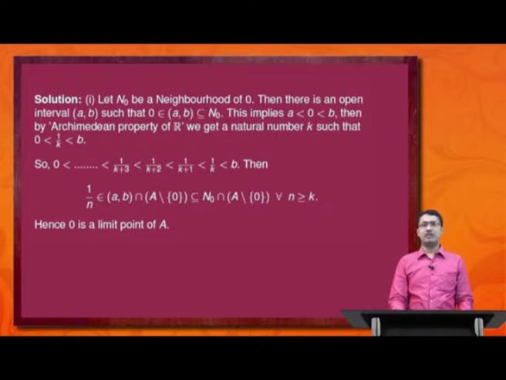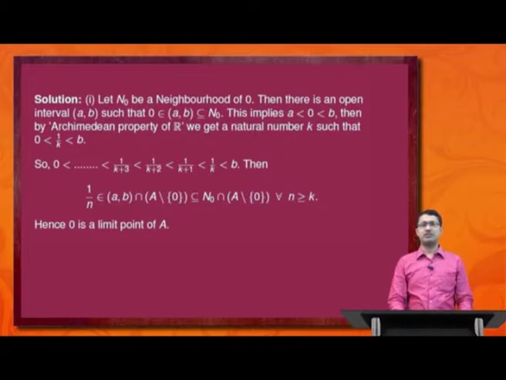So 1/(k+1) is strictly less than 1/k, because k+1 is also an integer and k+1 is strictly greater than k. Similarly, 1/(k+2) is strictly less than 1/(k+1), and 1/(k+3) is strictly less than 1/(k+2), and so on.